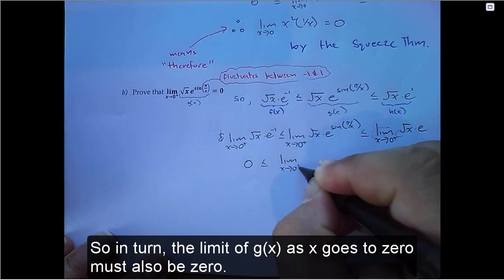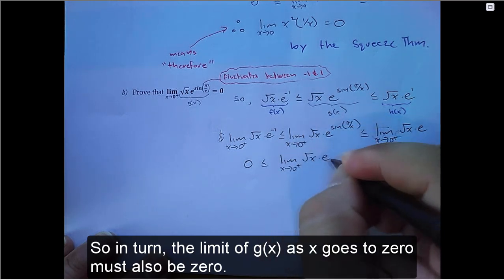So in turn, the limit of g of x as x goes to 0 must also be 0.